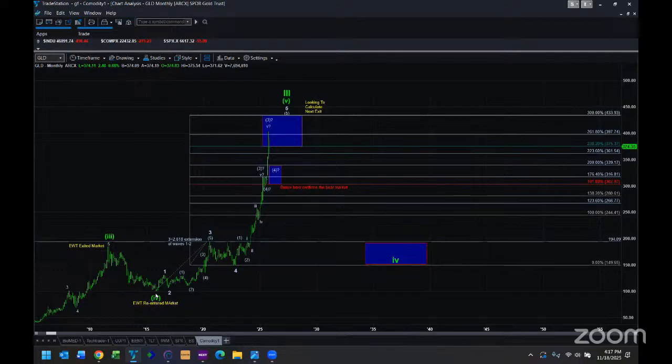Now, I know that people are getting so bullish on gold right now, where they're looking at it and saying gold is now on its way to 5,000 plus, 10,000. I'm even seeing 15,000. I'm seeing some crazy numbers on gold. My opinion is I think we probably have one more rally in gold.